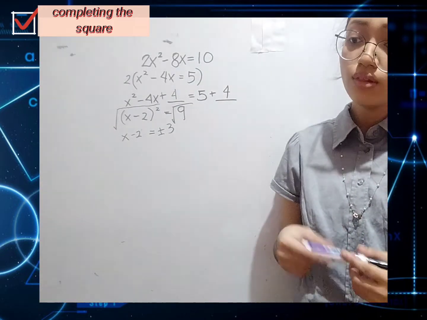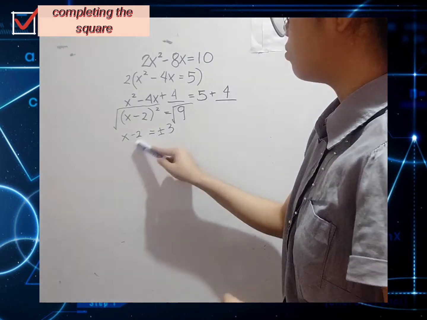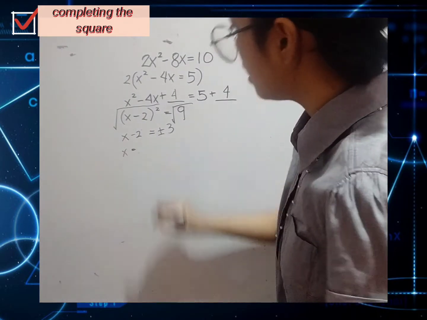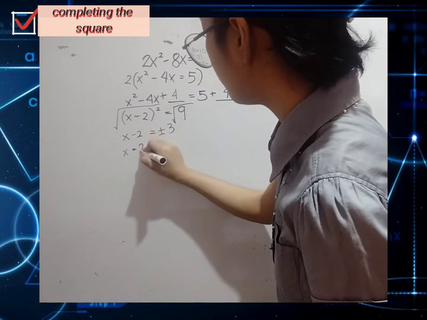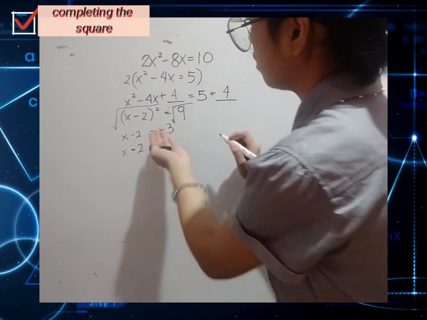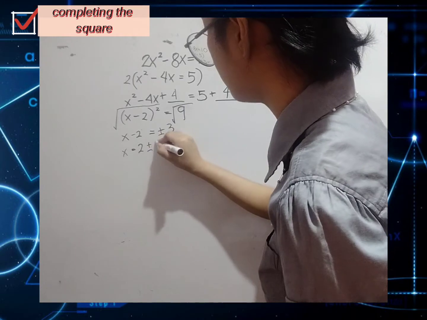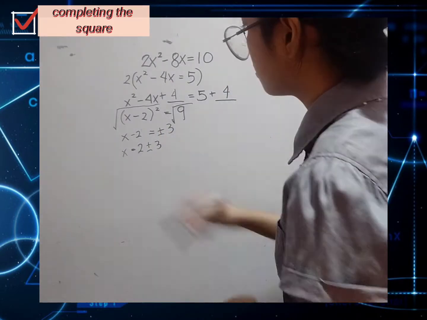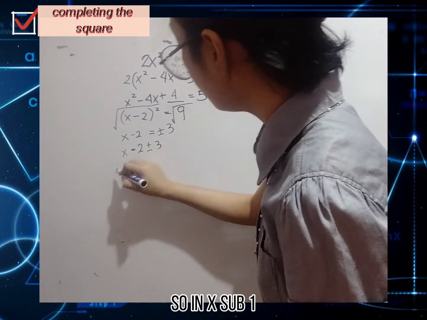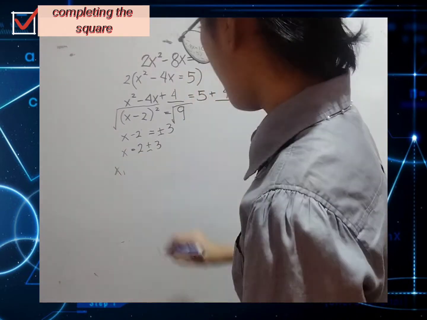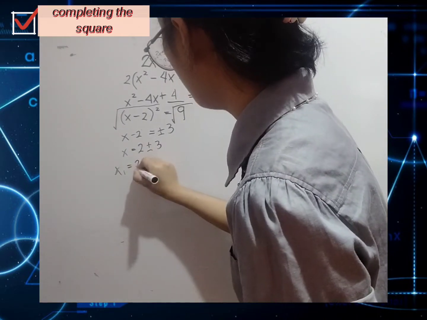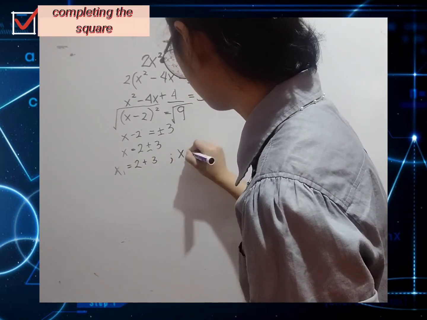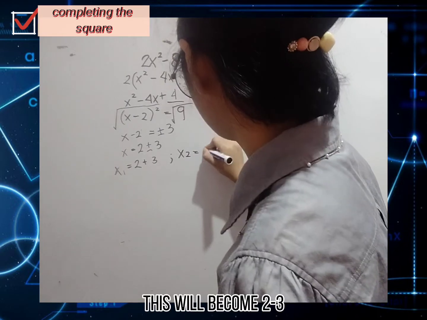Again, now let's transpose negative 2 to the right. So, x equals negative 2 will become positive 2 since we transpose it, and also copy this plus or minus 3. So we have two values for x. In x sub 1, this will become 2 plus 3, and in x sub 2, this will become 2 minus 3.